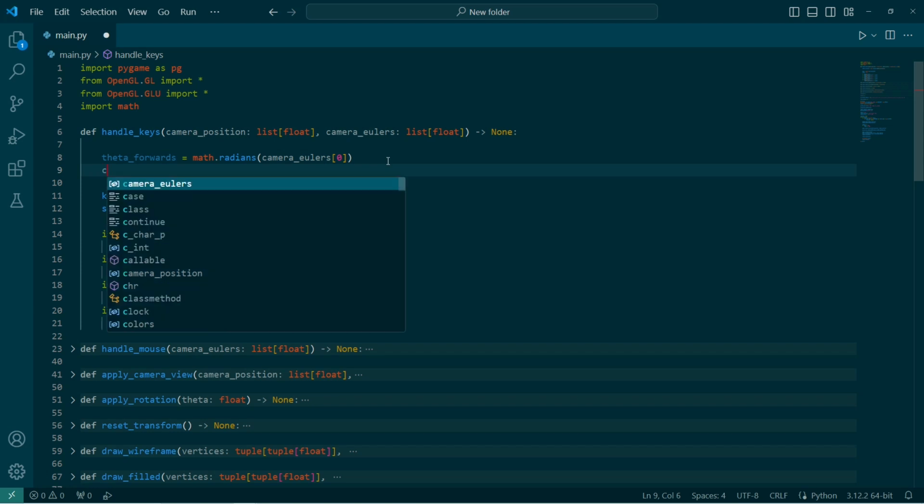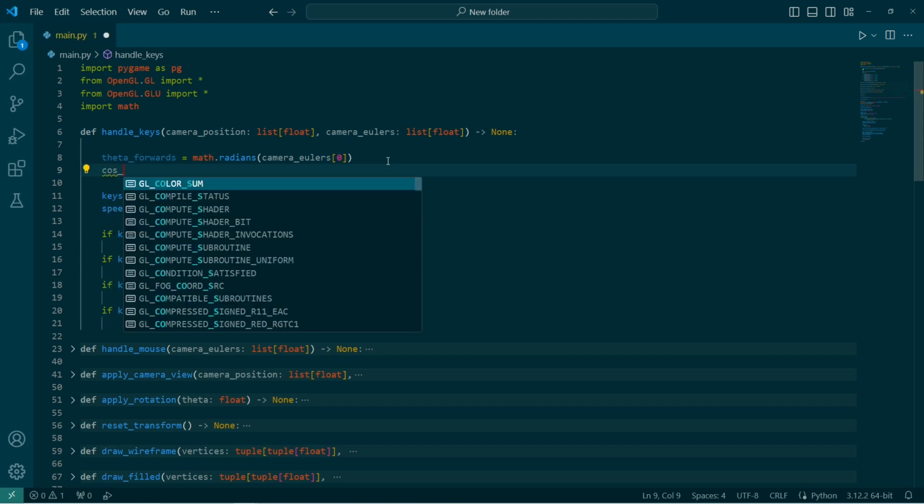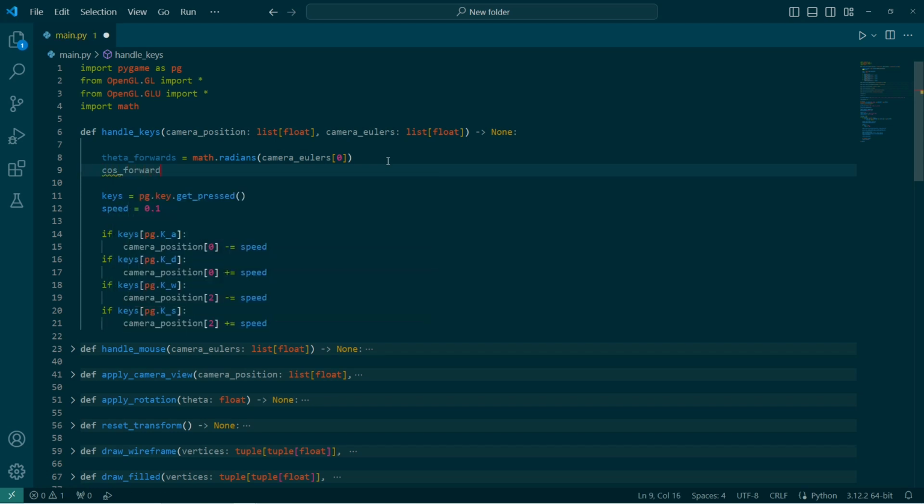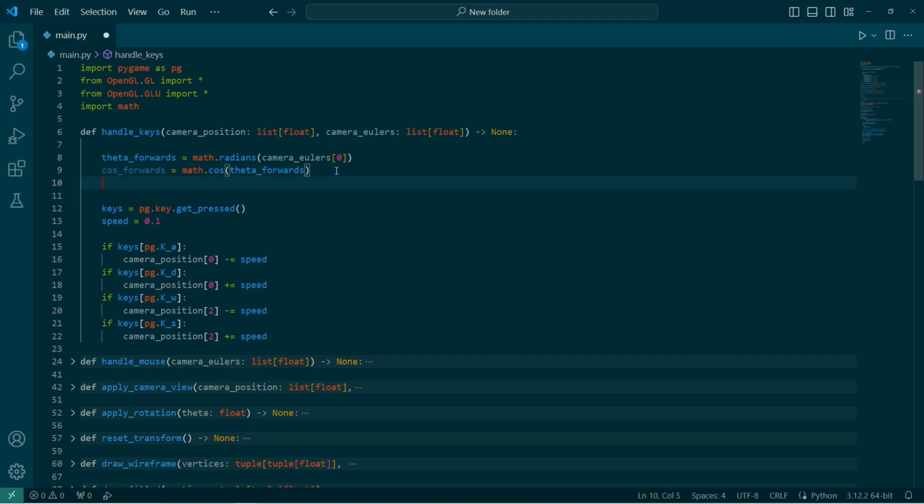So what I want is I'm going to get the cos of the forwards direction, just using the cos function. And then I'm also going to have sine of the forwards direction. So W is moving forwards, S is moving backwards.